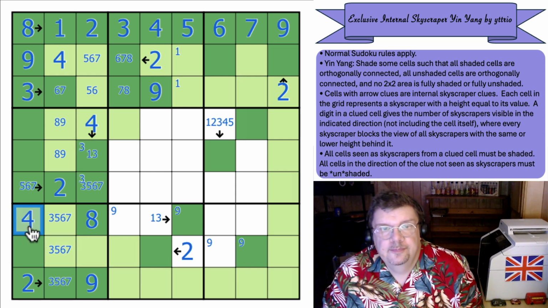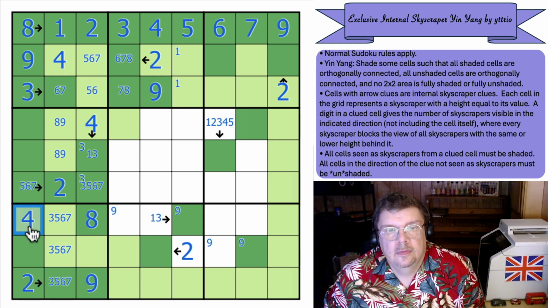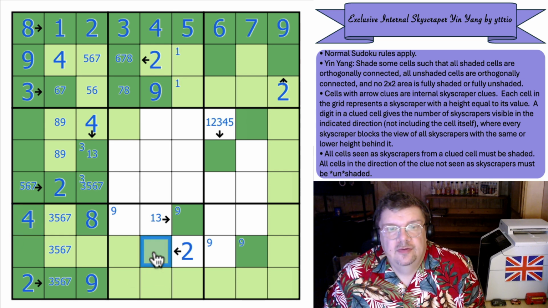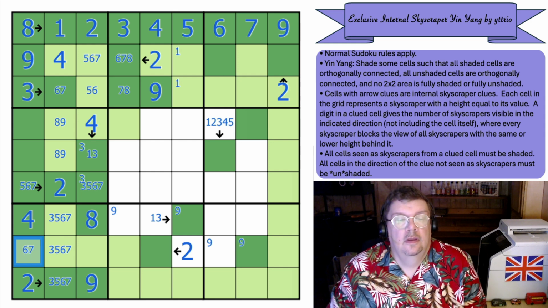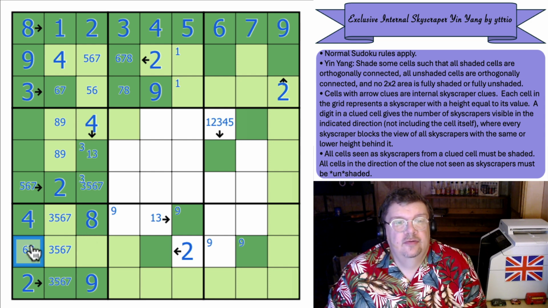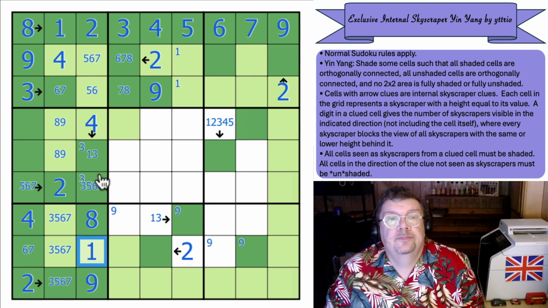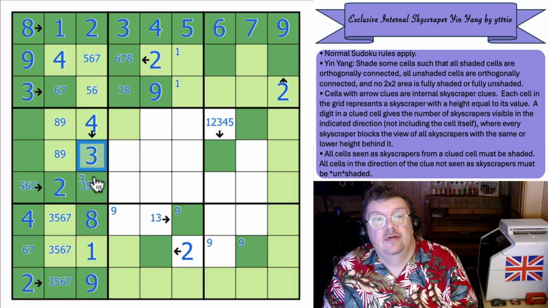That's a 4. This is now at least a 5. So this is at least a 6. And can't be 8 or 9, so that's down to 6 or 7. That gives me a 3, 5, 6, 7 quad. That's a 1. That makes this a 3.